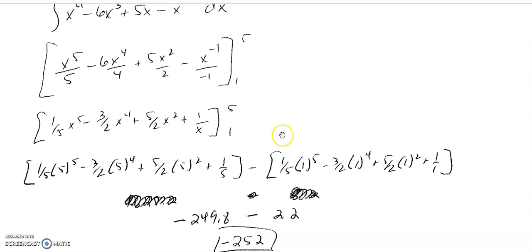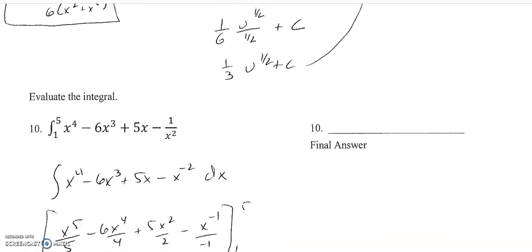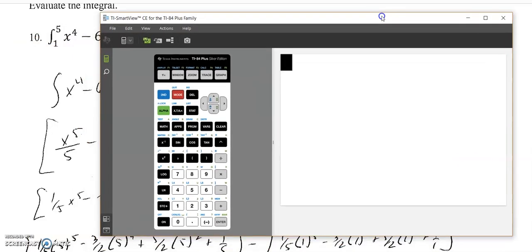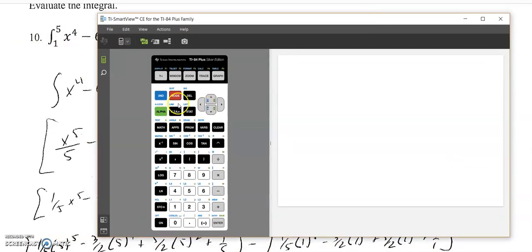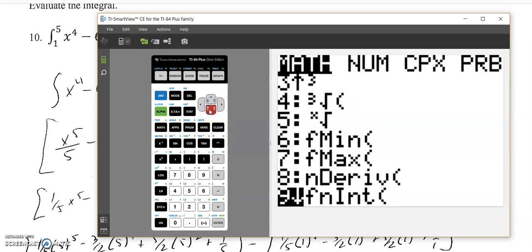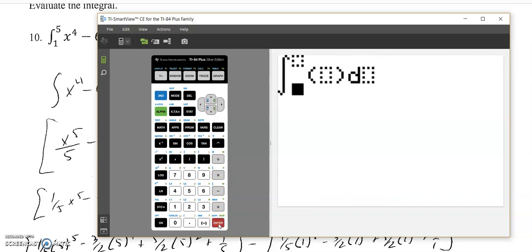So if we want to check this in the calculator, what we can do is plug in the original into the calculator. So we can go to Math, go down to number 9. And again, we could check this because we have a definite integral. This is going from 1 to 5, and we type in the original.